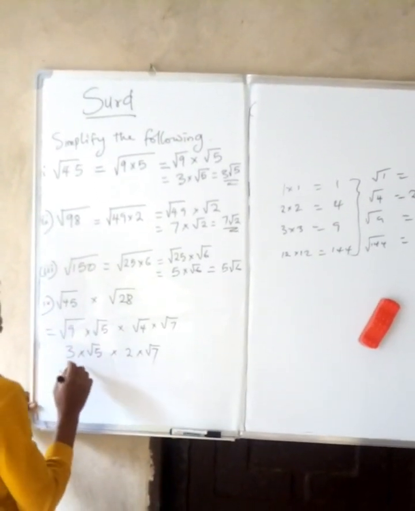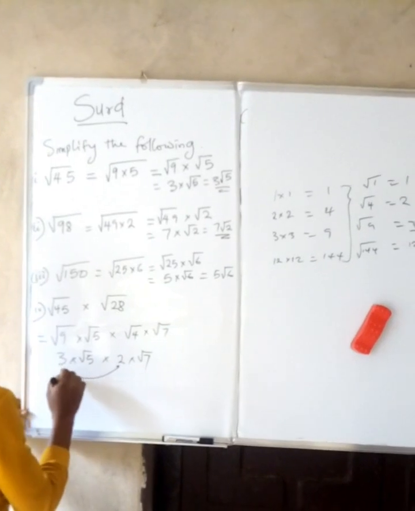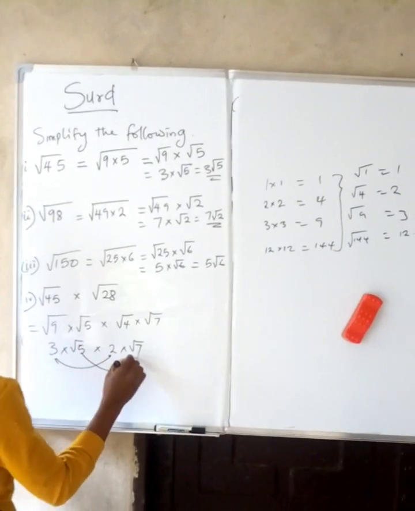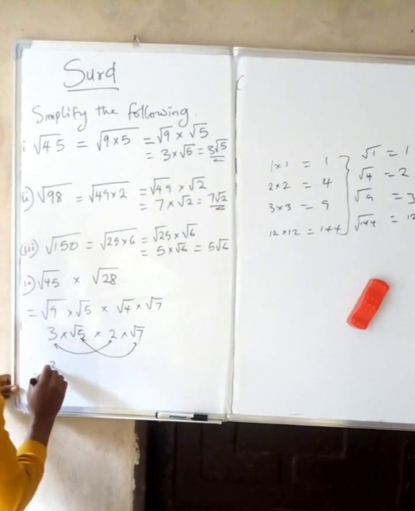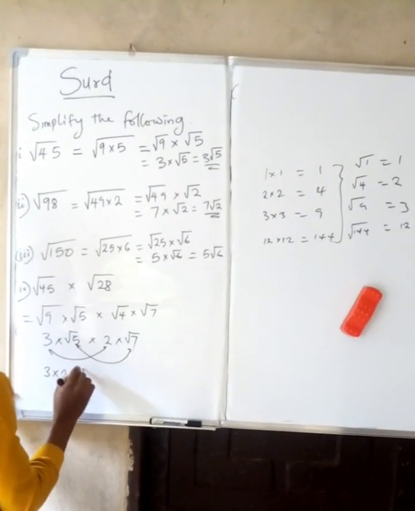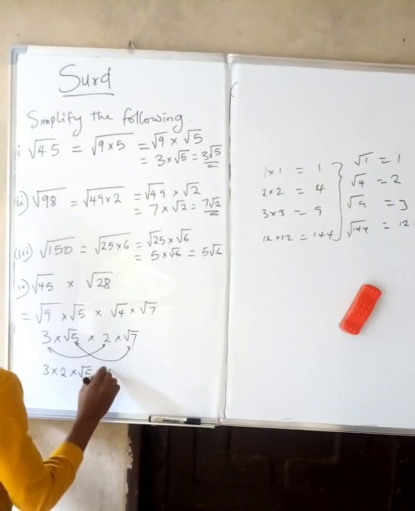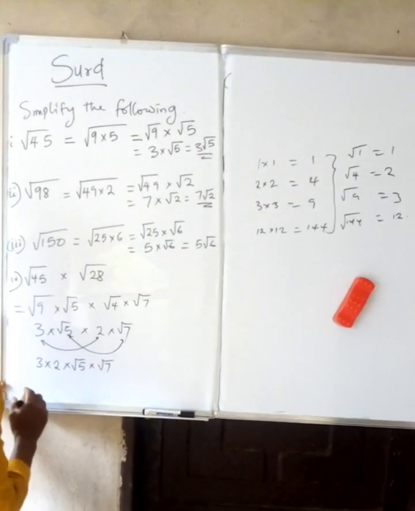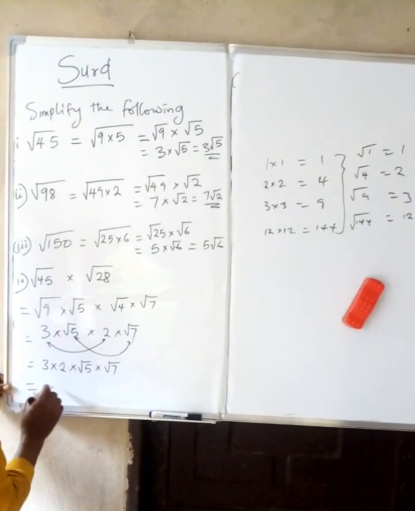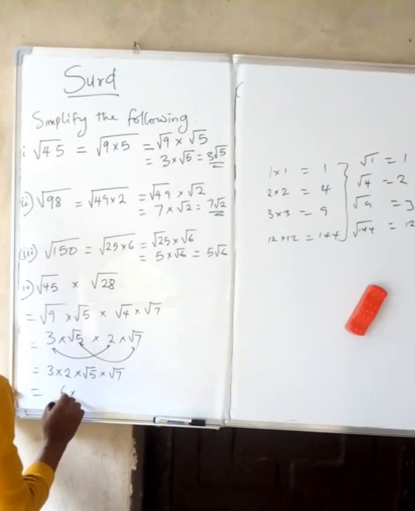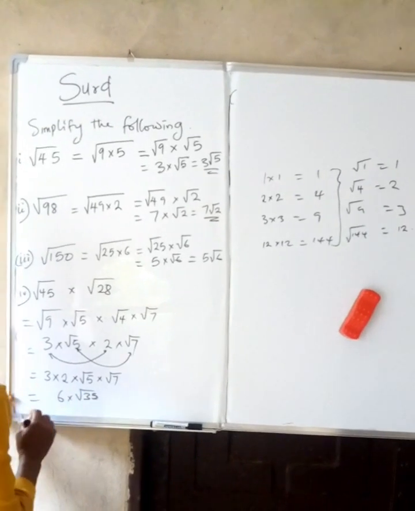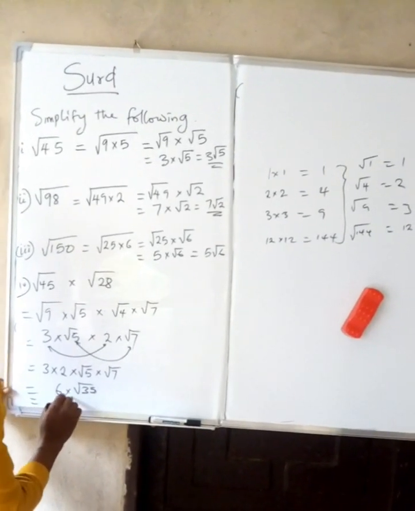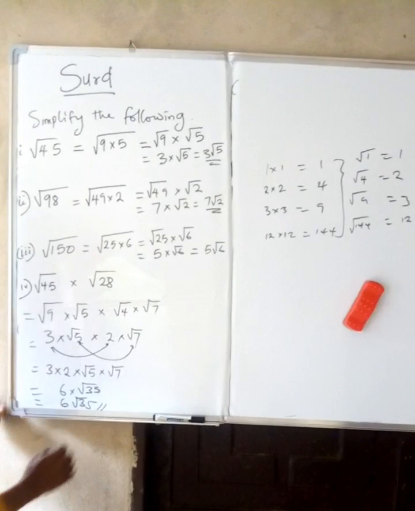Now this one will go together and this one will go together. So we have 3 times 2 times root 5 times root 7. So this gives us 6 times root 35, and this gives us 6 root 35 as the answer.